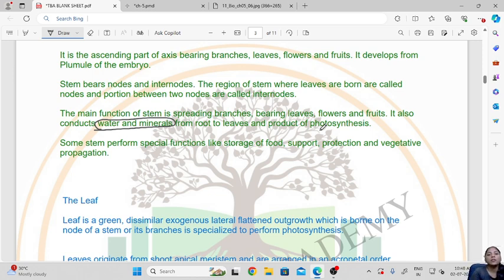Some stems perform special functions like storage of food, support, protection and vegetative propagation. Some stems also function in storage of food, like how the roots also store the excess food. Then they also support the plant and can be used for vegetative propagation.